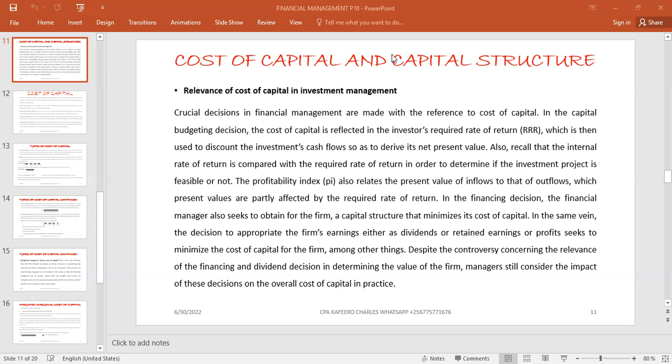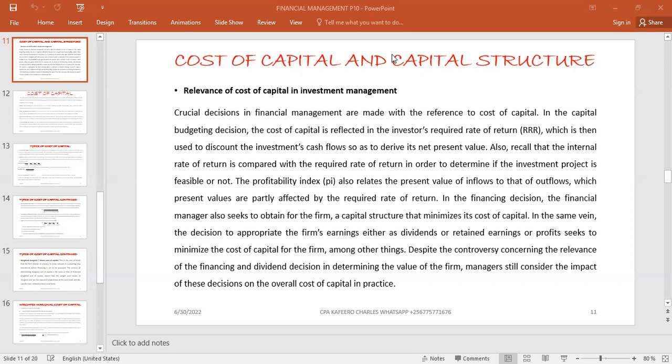We are saying that crucial decisions in financial management are made with reference to the cost of capital. The reason why we are talking about the cost of capital here is the required rate of return. In capital budgeting decisions, the cost of capital is reflected in the investor's required rate of return, RRR, which is then used to discount the investment's cash flows.